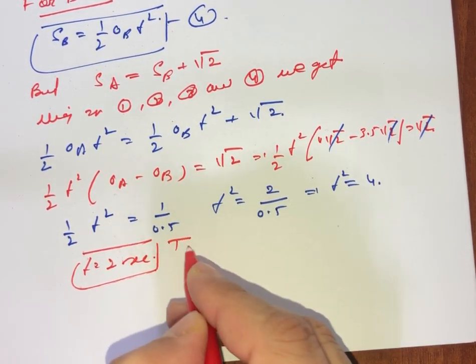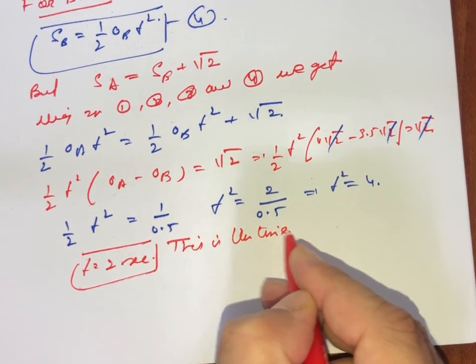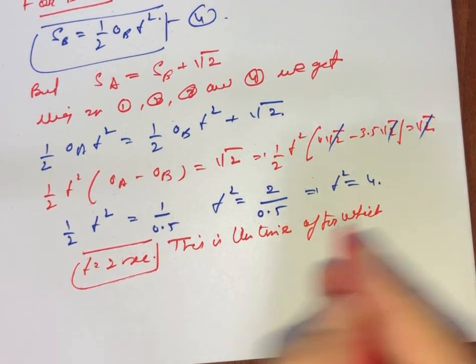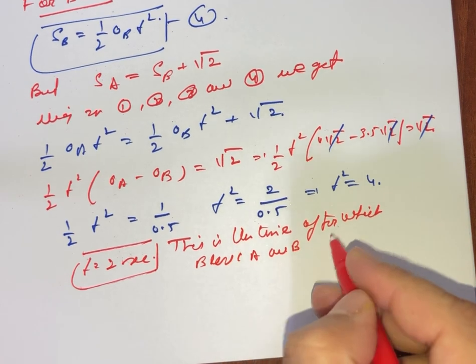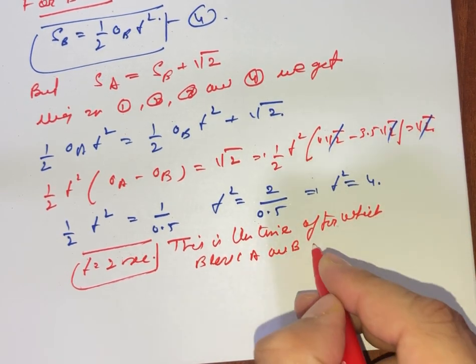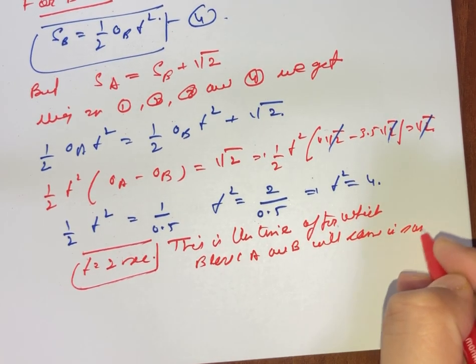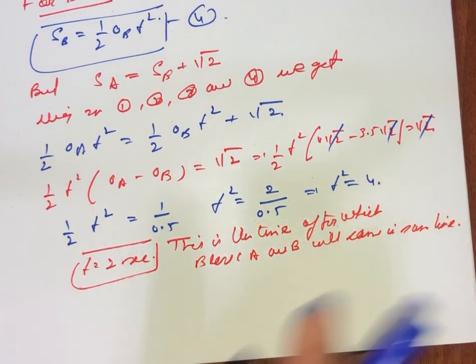So this is the time after which blocks A and B will come in the same line. And next we are going to find the distance.